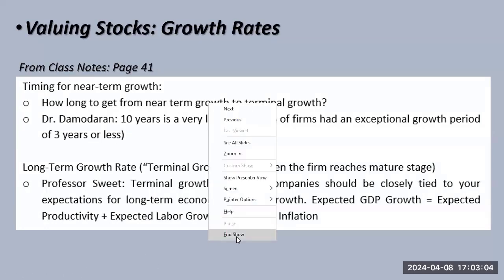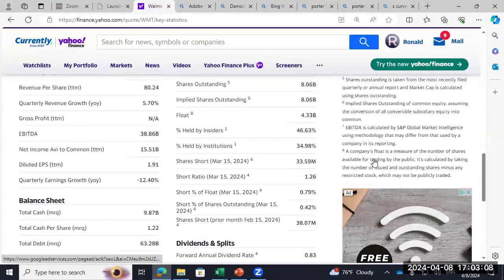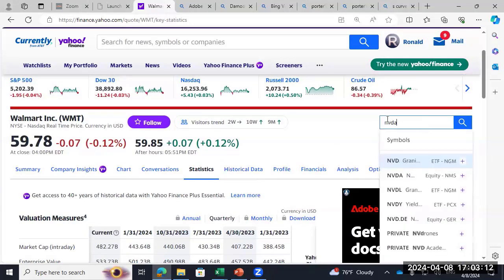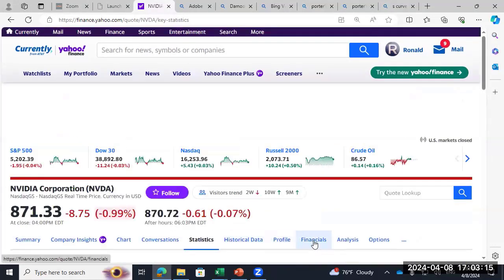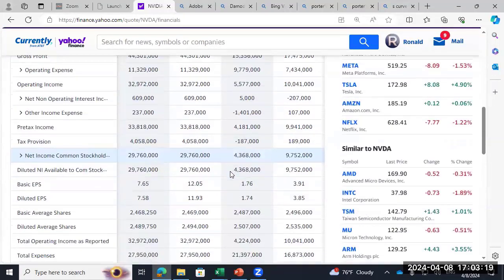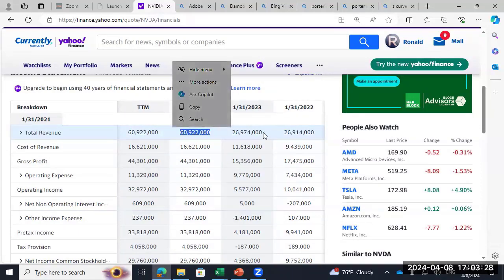I mean, you look at NVIDIA, we're mentioning NVIDIA. Wow, we're talking about short-term growth rates. I mean, it is pretty shocking, isn't it? To look at a firm that went from revenues of 26 billion to 61 billion in 1 year.